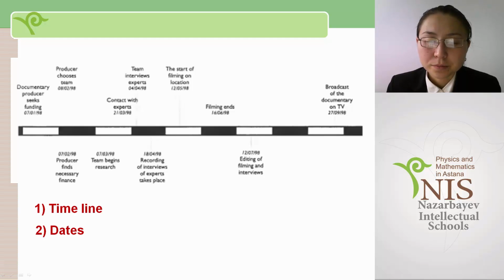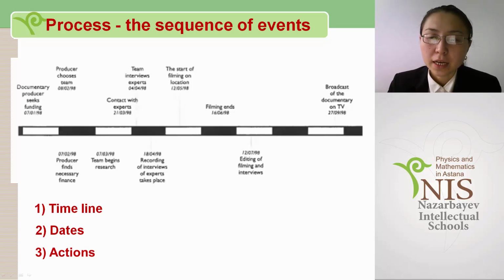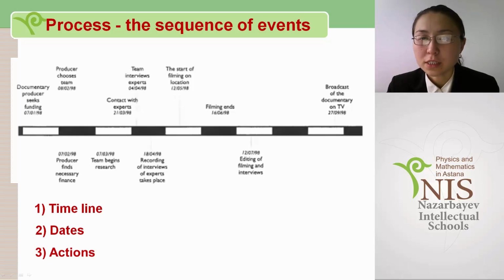Like you can see here the 21st of March 98. And actions for this specific date. And this is the sequence of events. The process is a sequence of events itself. And this is a specific sequence of events.